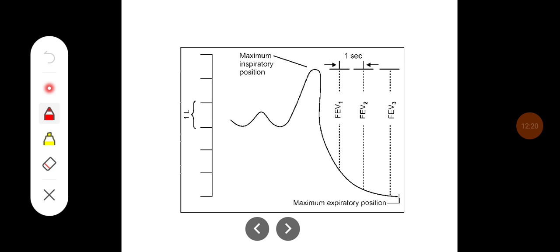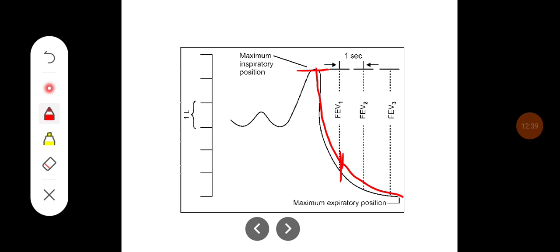Okay. So this diagram shows the dynamic lung capacities, that is the timed vital capacity, and this shows the forced expiratory volume, the amount of the volume expired in the first second.